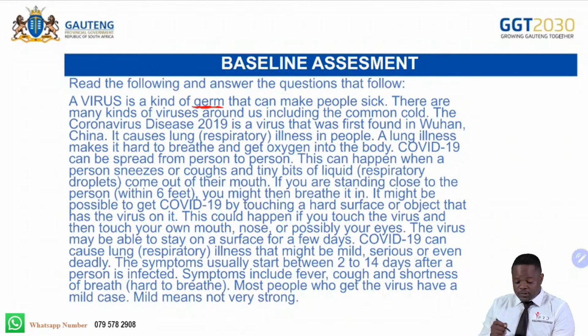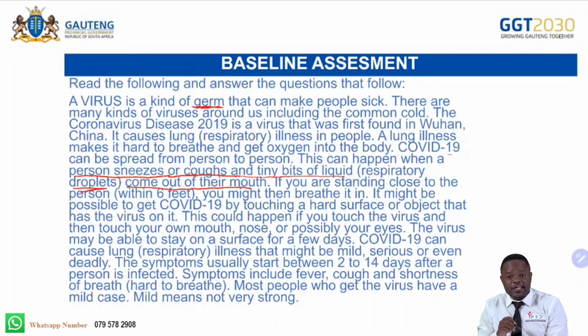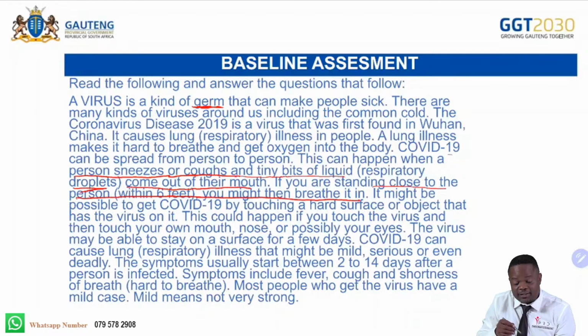COVID-19 can spread from person to person, and this can happen when a person sneezes or coughs, and tiny bits of liquid, that is the respiratory droplets, come out of their mouth. If you're standing close to the person, you might then breathe it in.